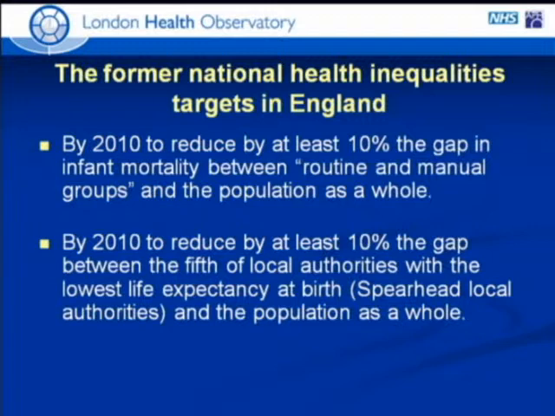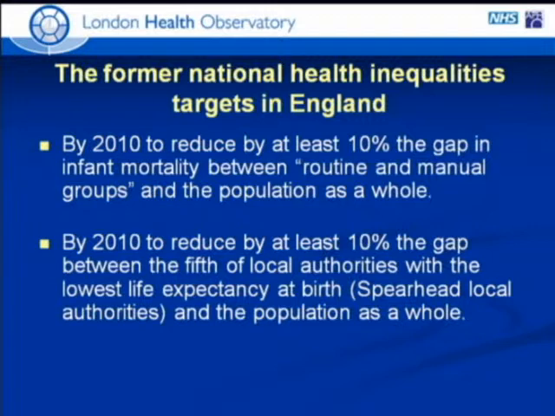When they talk about the gap, they're talking about the difference, basically, between the population as a whole and the routine and manual groups, which is babies whose fathers are employed in a routine or manual group.